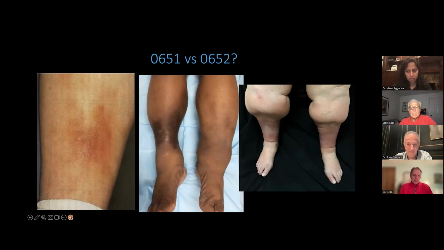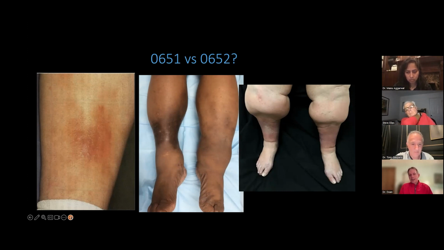But let's say with the case on the right, that inflamed plaque is exquisitely tender. The patient can't tolerate the pressure of a 651 overlying the area. Well, this is a reason to order a 652, which allows you to selectively manipulate the pressure within the chamber overlying this affected area. So you would lessen the pressure.